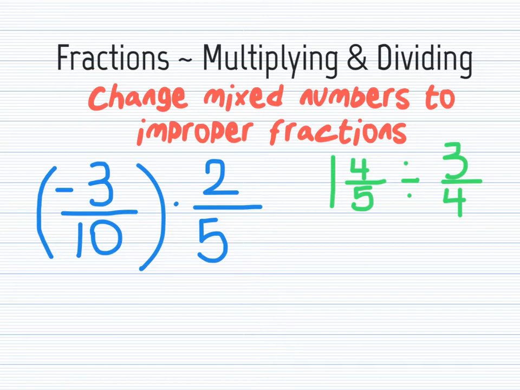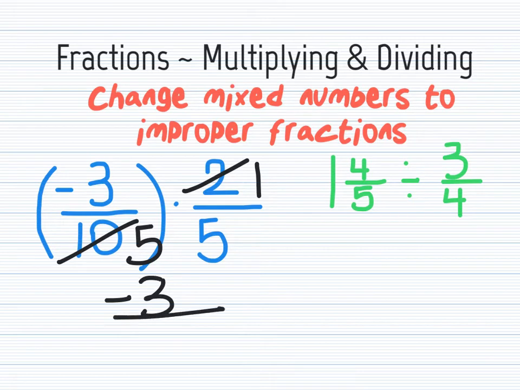If you look at this first fraction, negative 3/10 times 2/5, 2 and 10 can both be divided by 2. 2 divided by 2 is 1, and 10 divided by 2 is 5. There's nothing else that can be simplified, top and bottom, so I multiply across the top and get a negative 3. And you multiply across the bottom and get 25. And there was 1 negative in the problem, so I know that my answer has to be negative.